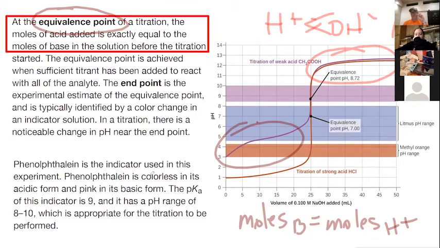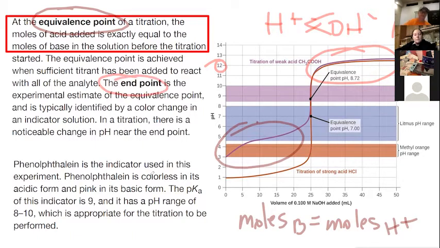So just one drop past the equivalence point, and the pH will be like 12. It'll go from 7 to 12 with basically 1 or 2 drops of liquid. So we have to be really careful that we don't add too much too quickly when we're doing this reaction. So that's the equivalence point.